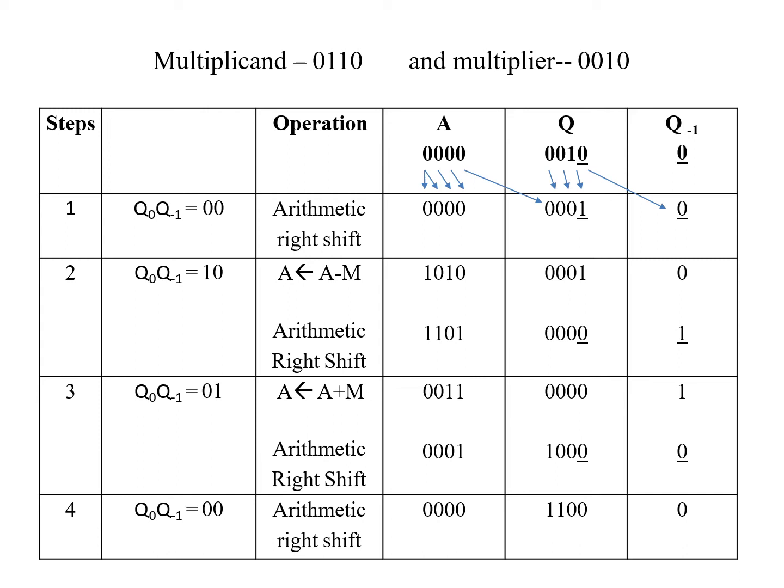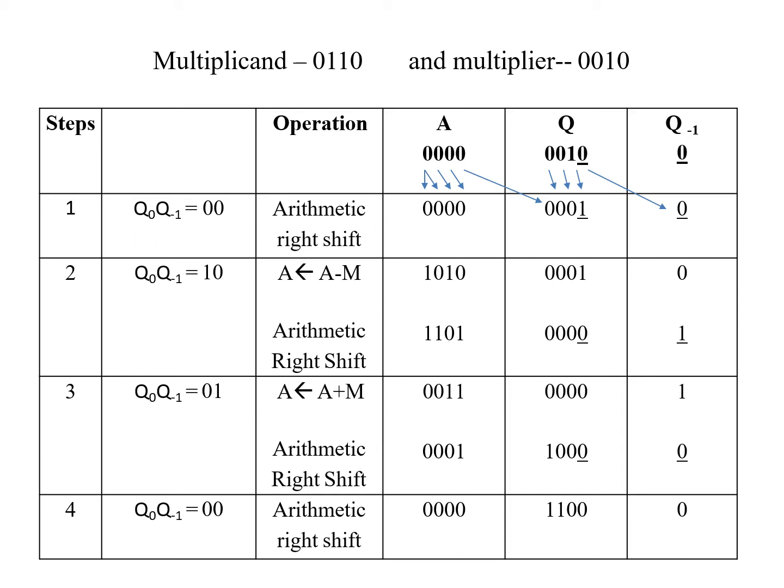When we add 1010 to 0000, we get 1010 as a result, which is stored in A. Q remains unchanged, 0001. Q minus 1 also remains unchanged, which is 0.